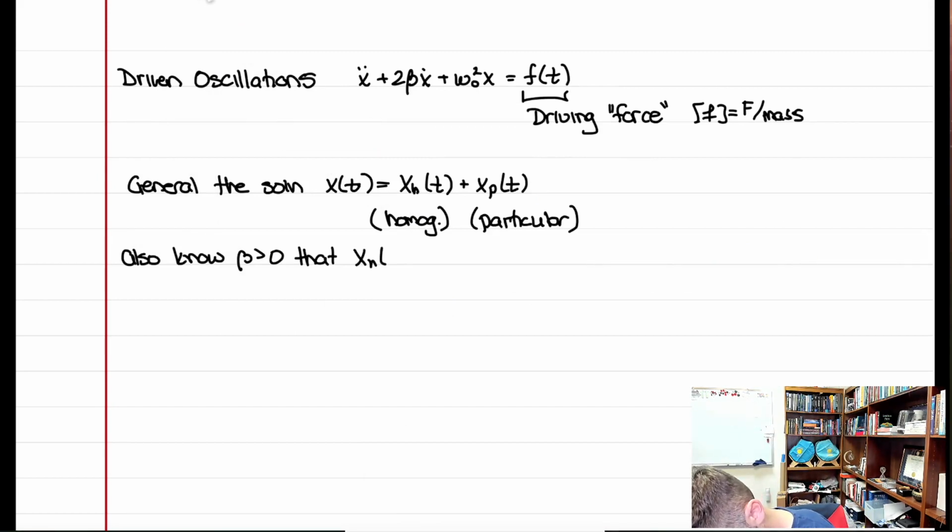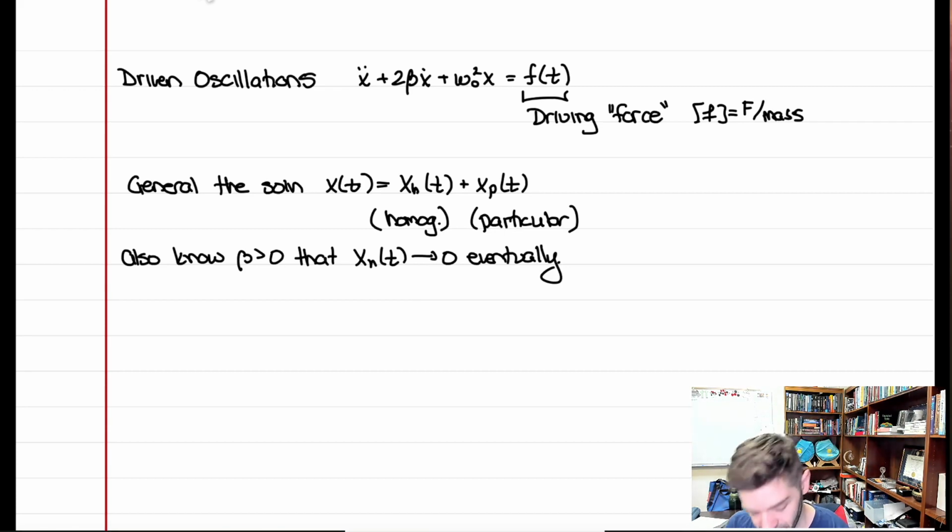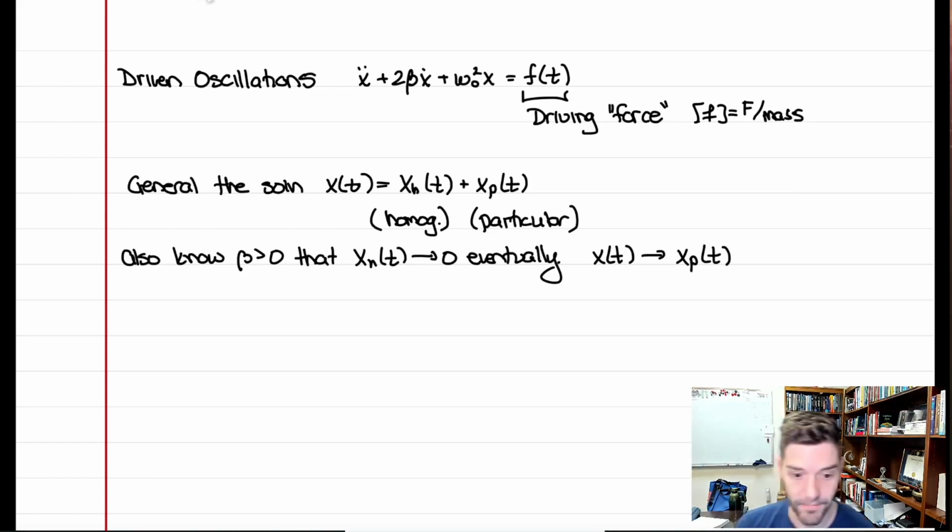So we know that the homogeneous solution goes to 0 eventually, once enough time has passed, so that we know the general solution eventually just becomes the particular solution.